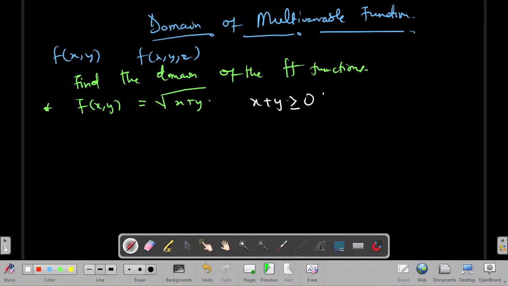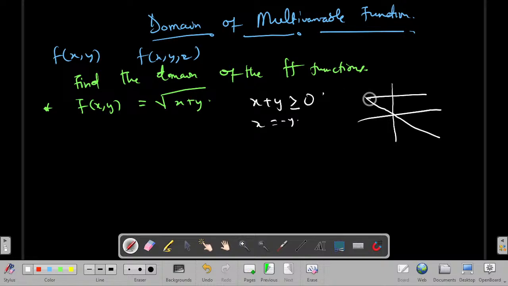How do we represent this domain? Graphically, remember this is the same as the equation x equals negative y, which is a particular line. If it is x equals y, it will move this way. x equals negative y, so it moves this way, right? So it is passing through the origin. Then it said that it should be greater than 0.